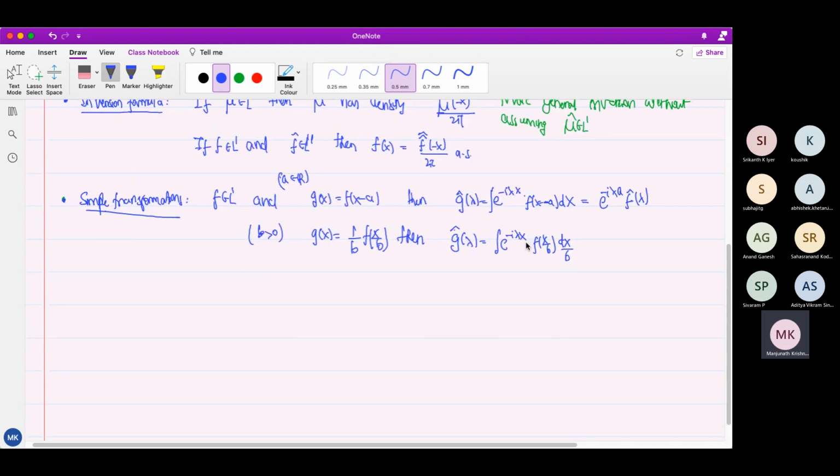So you just write this as x divided by b times b. If I make the variable x by b as y, then you will see that this is the same as f hat at b lambda. So this scales in the other way.